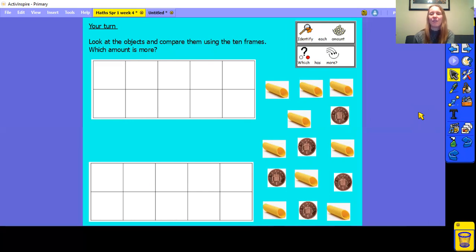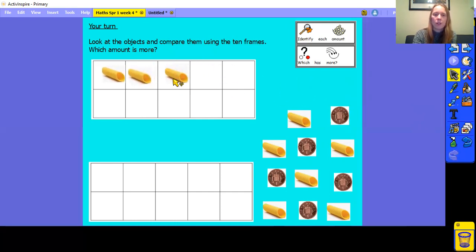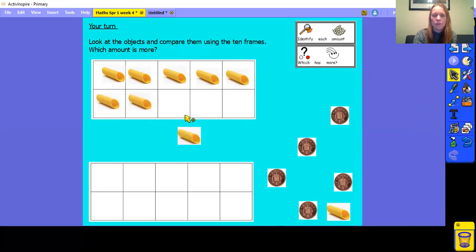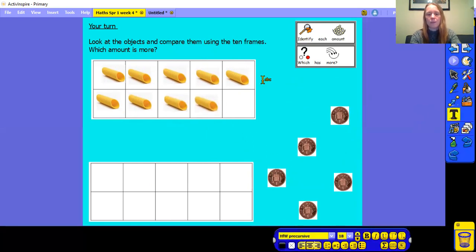Okay, now let's have a go together. Let's put the pasta on the top 10 frame. 1, 2, 3, 4, 5, 6, 7, 8, 9. 9 pieces of pasta.